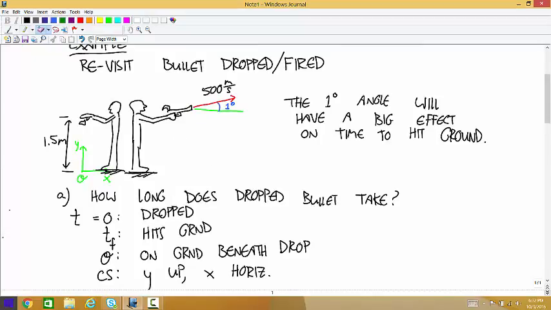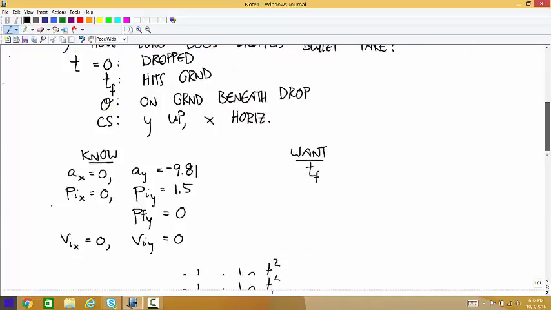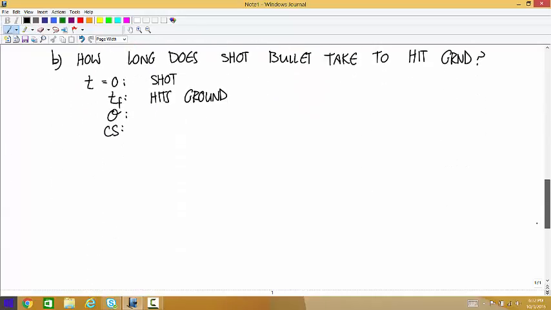It's not in free fall until it leaves the muzzle. So the origin is on the ground beneath where it's fired.